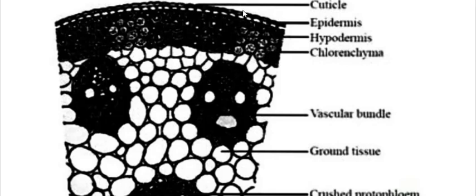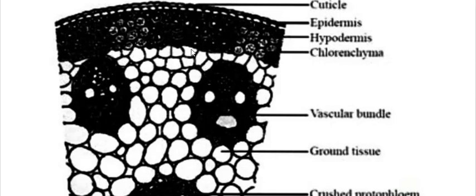The outermost is the cuticle, below the cuticle layer epidermis is present, and below the epidermis hypodermis is present. In this hypodermis, below the stomata, parenchyma cells are present, which contain chloroplast. So this region is known as the chlorenchyma in the hypodermis.